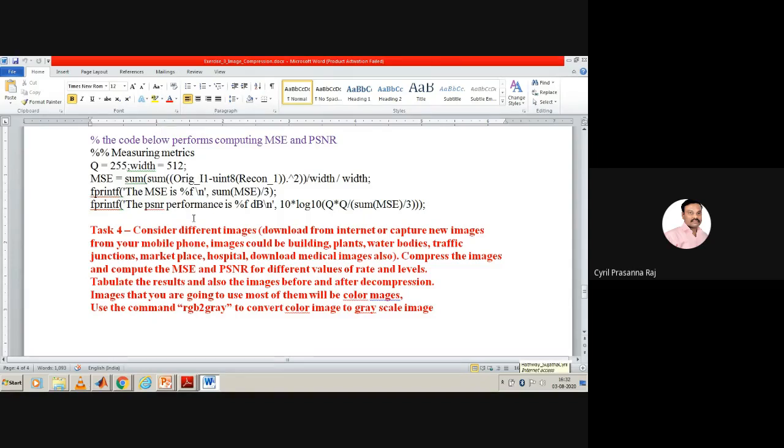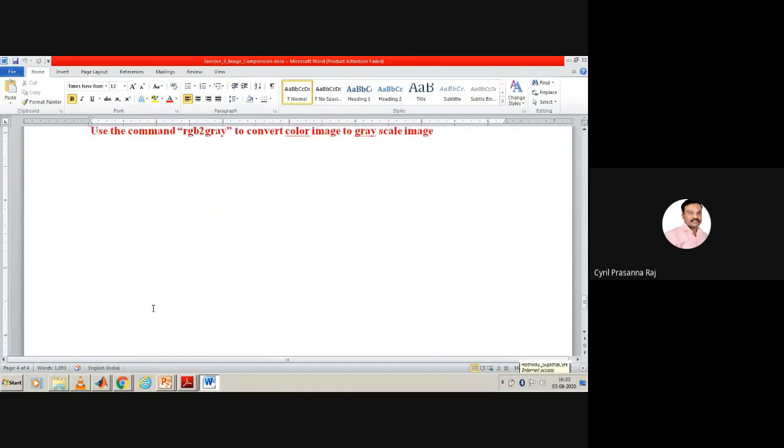If your image is a color image, convert it to grayscale using the function rgb2gray, and resize that image to 512 by 512. Take at least 3-4 images which are not part of this example and see what the compression ratio, mean square error, and PSNR are. Do again a tabulation of the different images. Take a snapshot of all those images you considered, and prepare and update the document. That is what your assignment is all about. Okay?